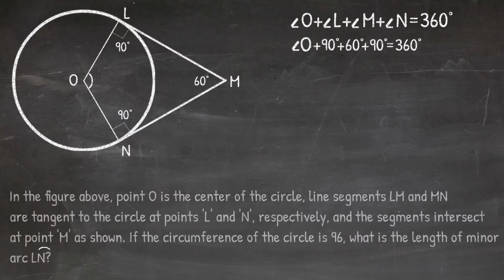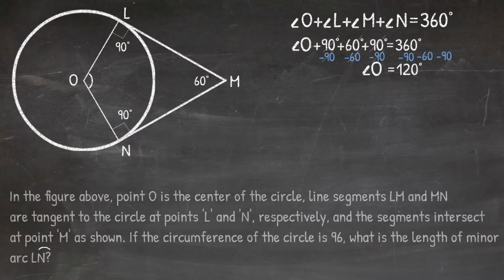Using mathematical manipulation, let's isolate angle O, and by subtracting 90, 60, and 90 from the left-hand side, what we get is our angle O equals 120 degrees.